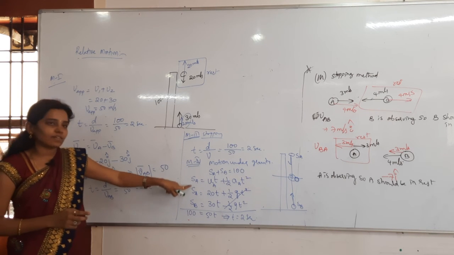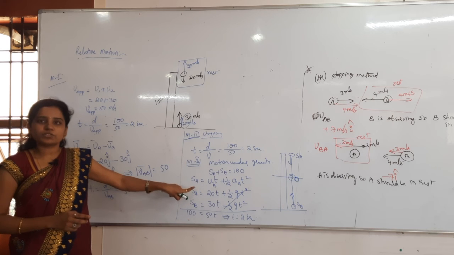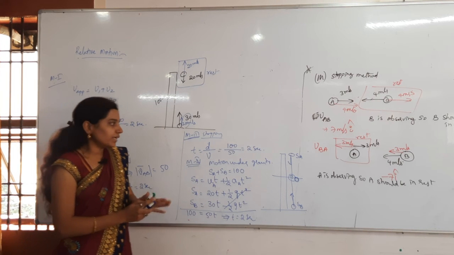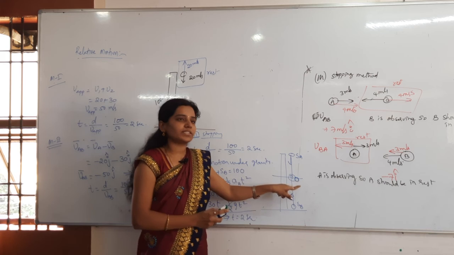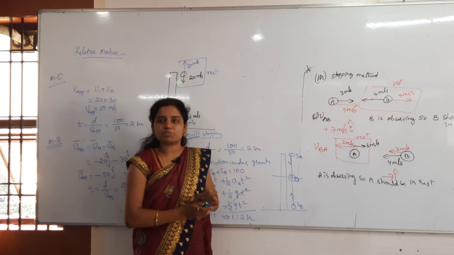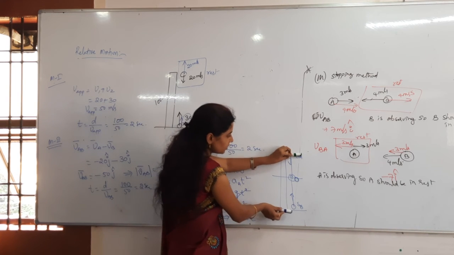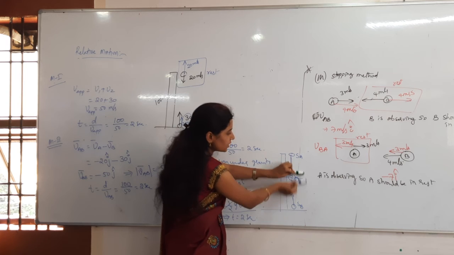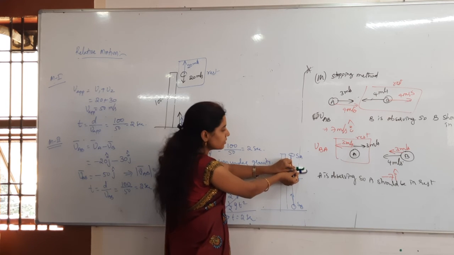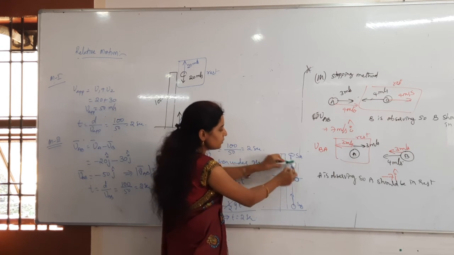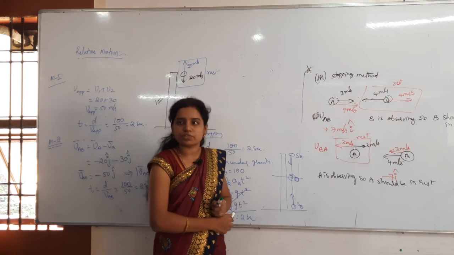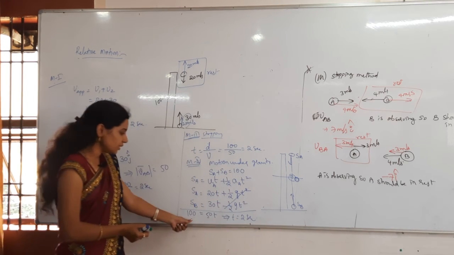Is this understood, otherwise shall I explain again? You understood everything, right? Here A is travelling SA distance, B is travelling SB distance. This is moving downward, this one is moving upward, and both are colliding here. So the displacement of A plus B is equal to the height of the tower. So SA plus SB is equal to 100.